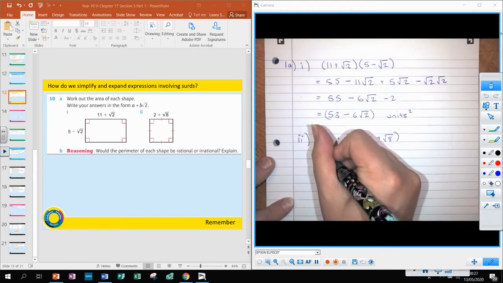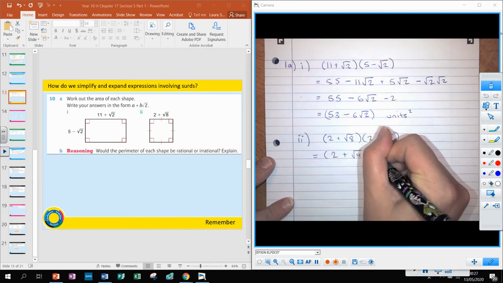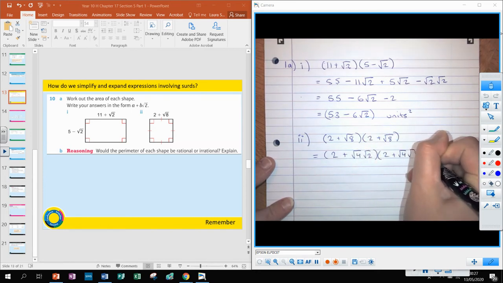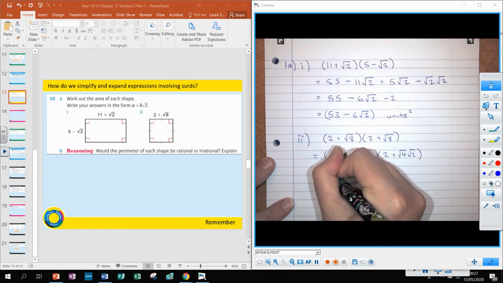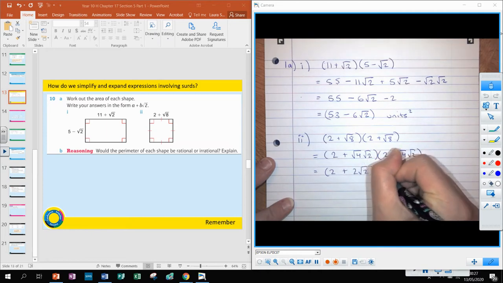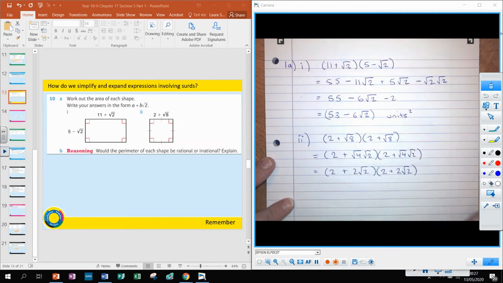So that's going to be 2 plus root 4 root 2, and another 2 plus root 4 root 2. Okay, and that means we're actually multiplying 2 plus 2 root 2 times another 2 plus 2 root 2.